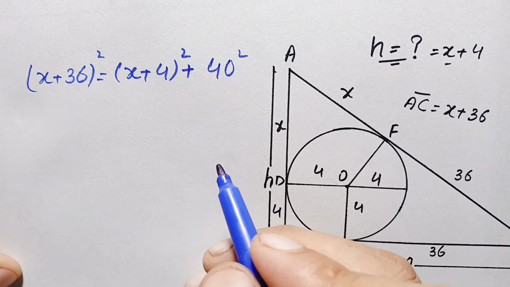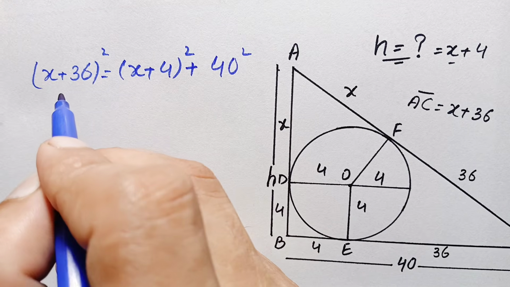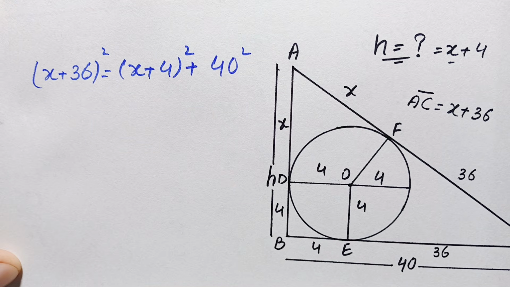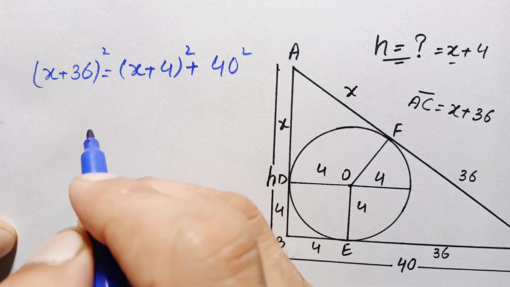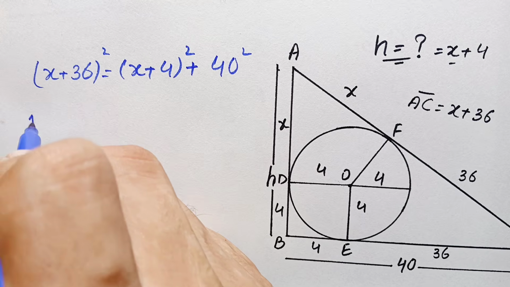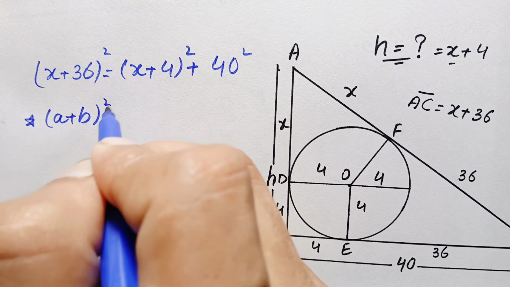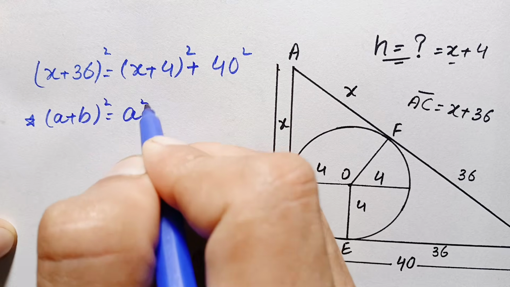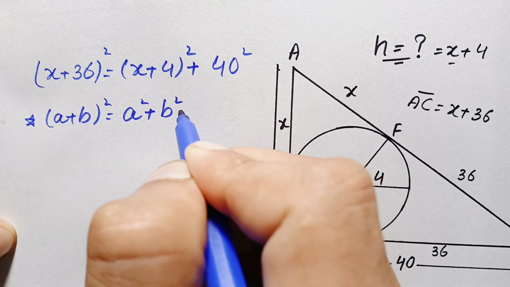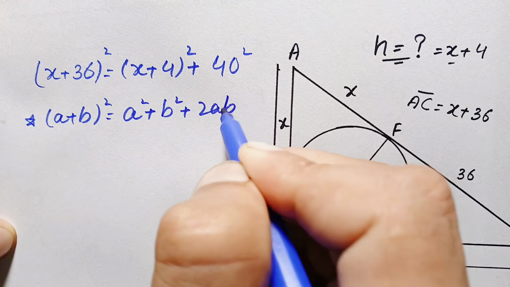Let's simplify this equation for the value of x. Here we will expand this using the a plus b whole square identity. We can write a plus b whole square as a square plus b square plus 2 times ab.